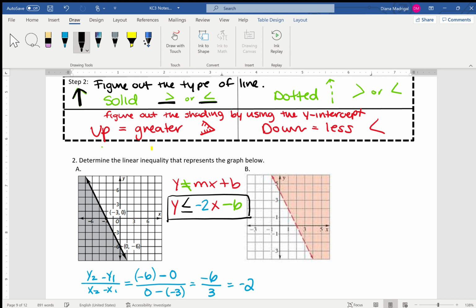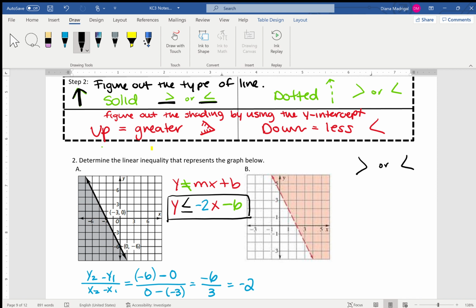You can go ahead and try 2b, and make sure you try it. Check your work with me if you need to. If you're still confused, make sure you ask questions. Let me give you a hint. For this line, I see the line is dotted, so your only two options are going to be greater than or less than. Figure out if it's going to be shading up or down.